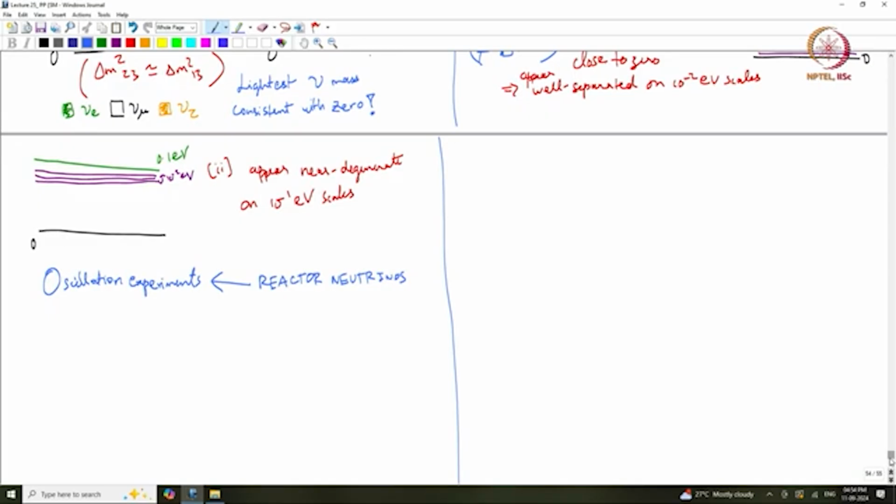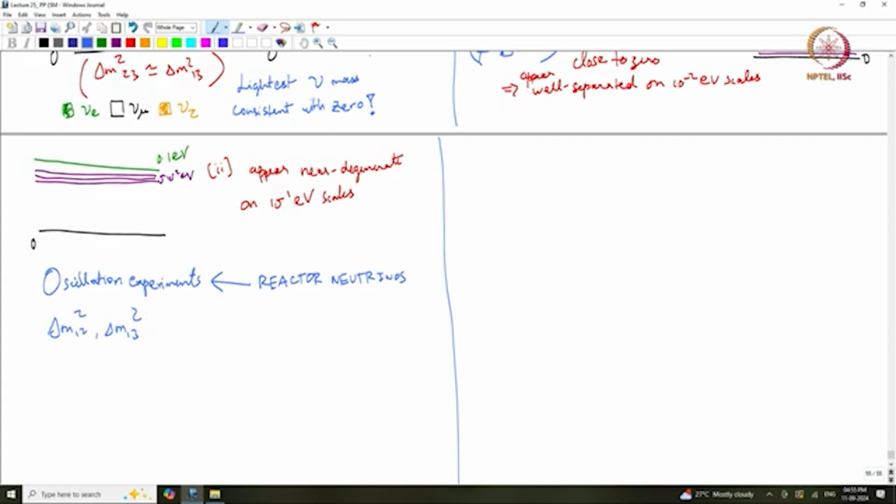So, reactors are very good copious sources of neutrinos, and you also have a handle on how many neutrinos you are producing here. You know the site of the reactor. So, if you want to measure neutrinos coming out of that site, you can also control where to put your detector. There are many reactors in the world that are also used for neutrino experiments. Remember we measured delta M12 squared and delta M13 squared.